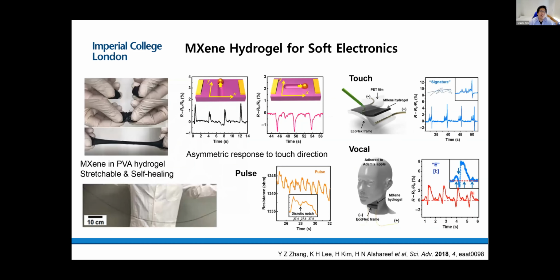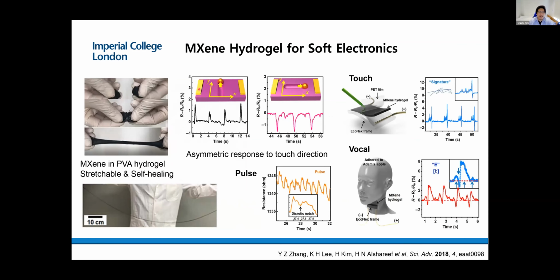MXene can also be added into a hydrogel, which is a polymer containing a lot of water inside. So it gives a combination of the nice stretchable and self-healing ability of the PVA hydrogel, and at the same time it becomes electrically conductive.